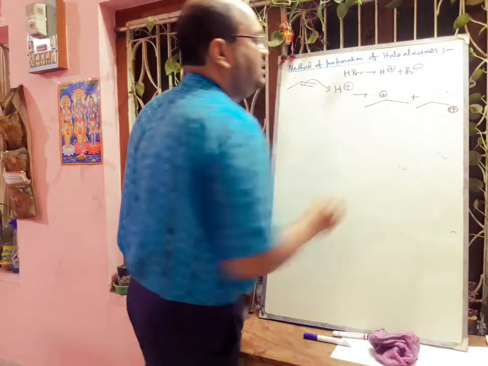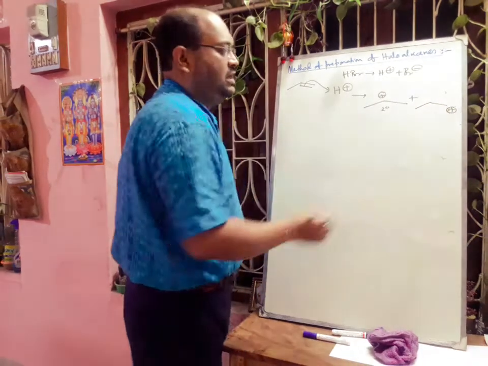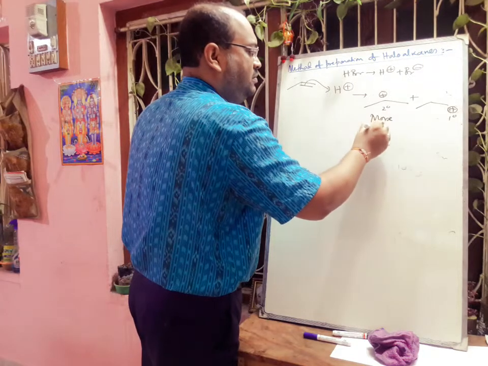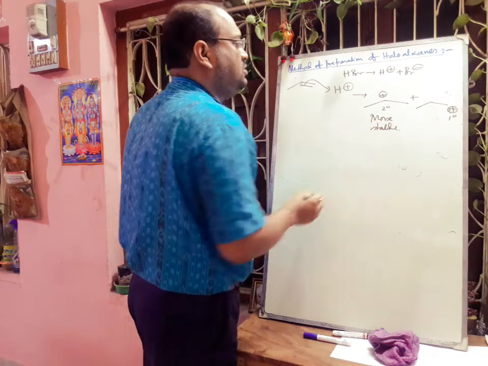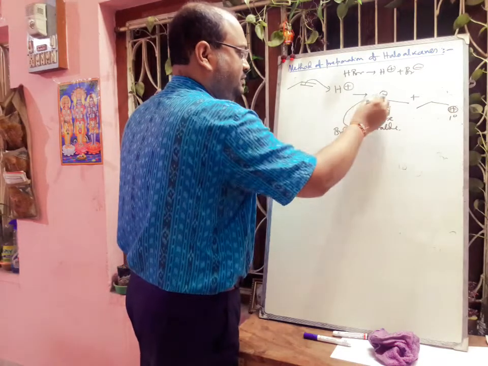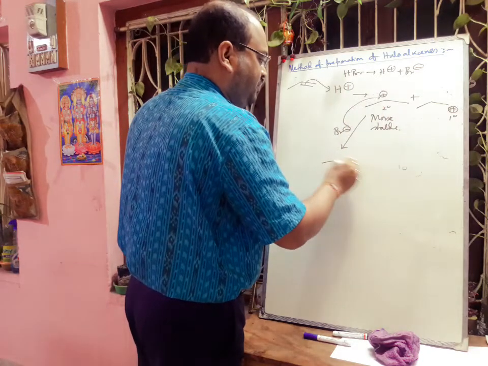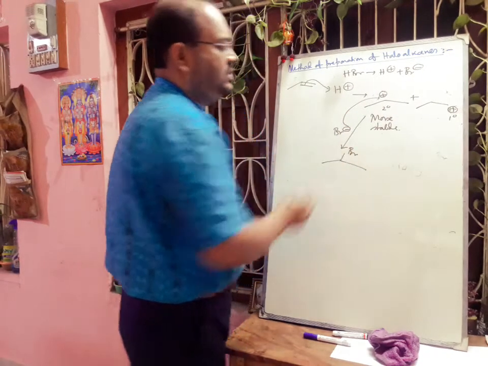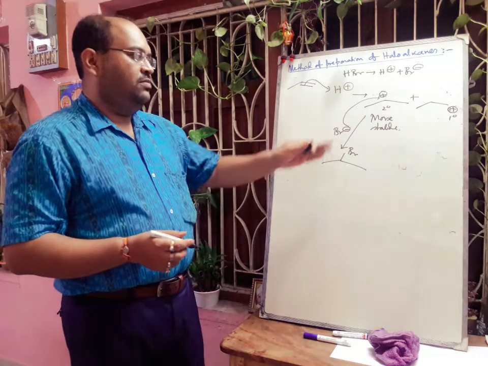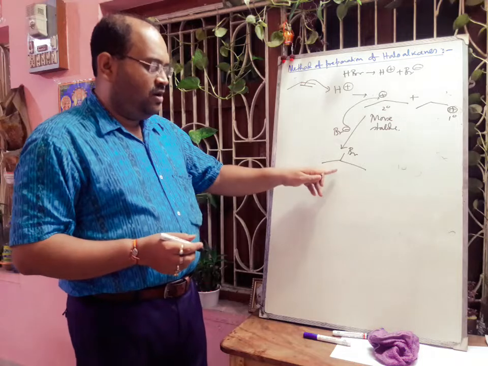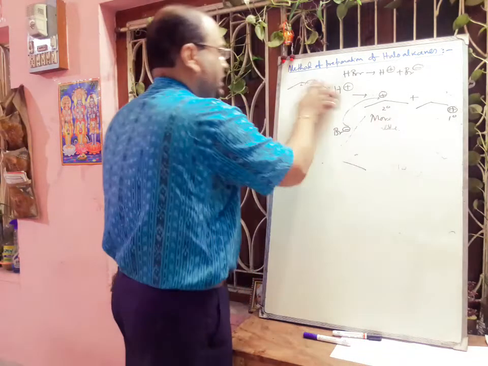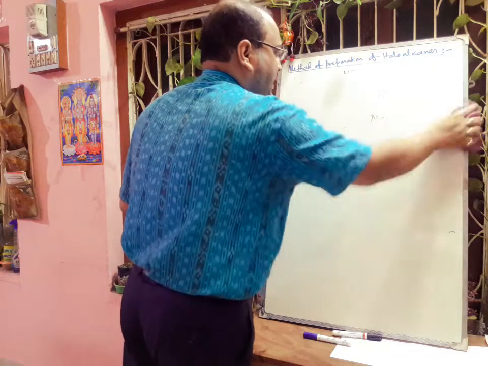This one is a 2 degree carbocation and this one is a 1 degree carbocation, so this one is more stable. In the next step, the bromine will be added here, so we will get the major product as 2-bromopropane. From this mechanism we can easily understand that the major product will form from the more stable carbocation. Next, if we take the peroxide, then there will be the free radical mechanism.